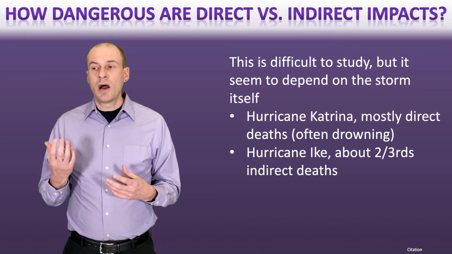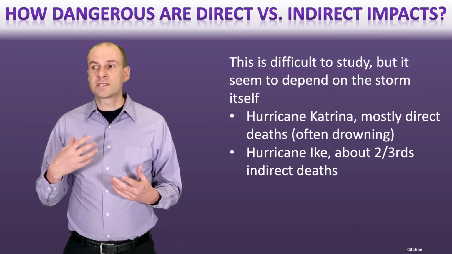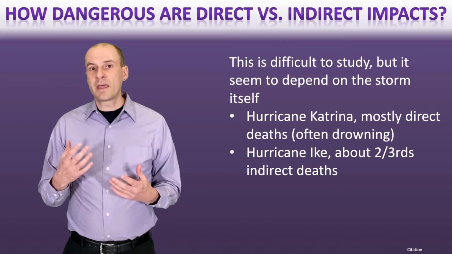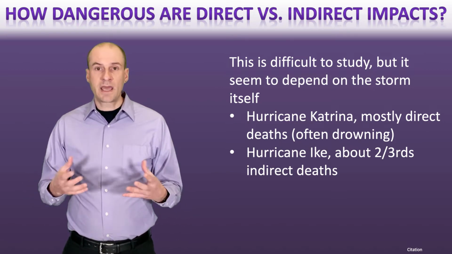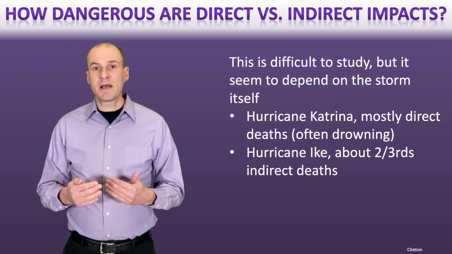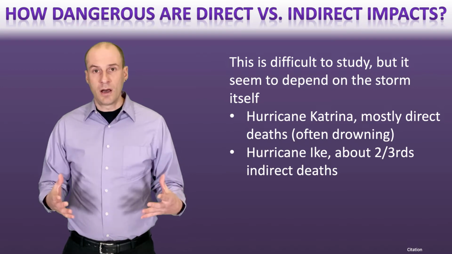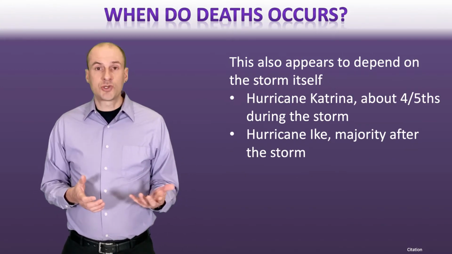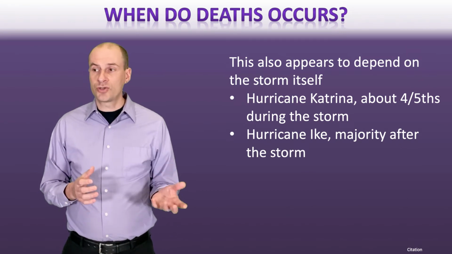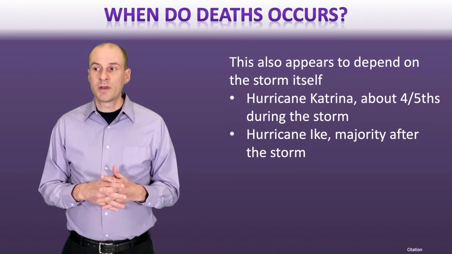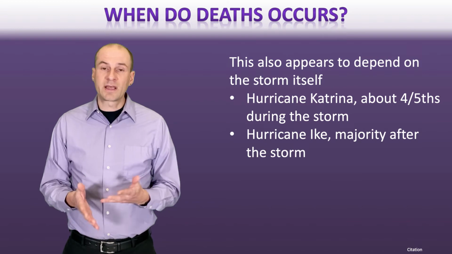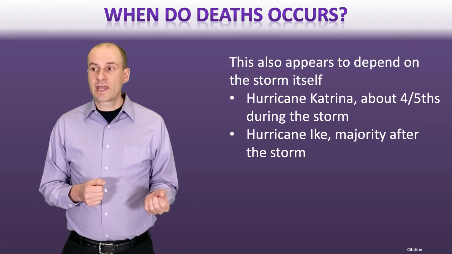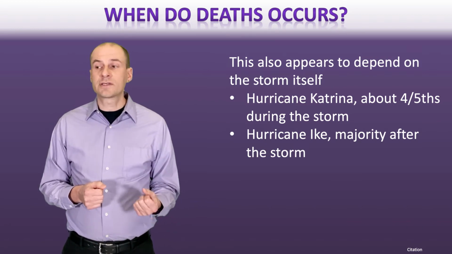These long-term indirect impacts can also be quite severe, and it depends on the storm and its trajectory. The other question is, when do deaths occur? Do they occur during the storm or after the storm? So again, like before, it depends. For Hurricane Katrina, the majority occurred during the storm.